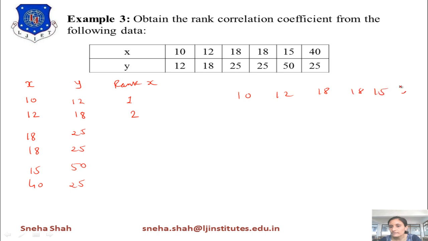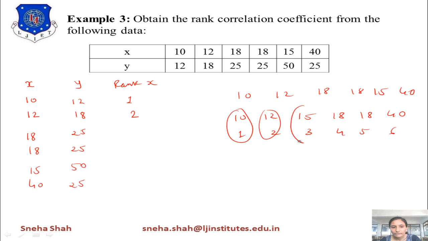First of all, arranging this in ascending order, it will be written like this: 10, 12, 15, 18, 18, 40, with ranks 1, 2, 3, 4, 5 and 6. In front of 10 I will write 1, in front of 12 I will write 2, in front of 15 I will write 3.